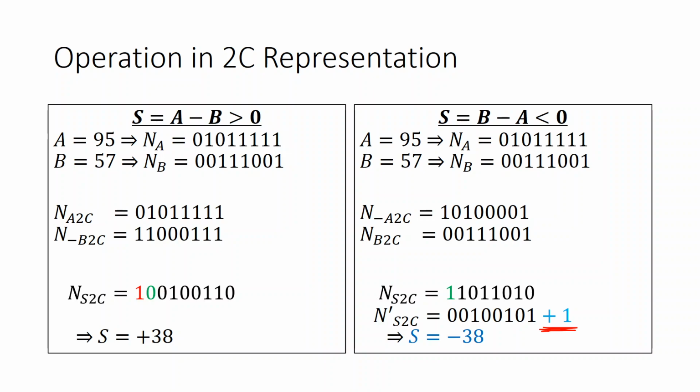However, one big caution is this: you have noted and acknowledged that the result number that you obtain, this ns, is in 2's complement representation of some n bit. So here, 8 bit.